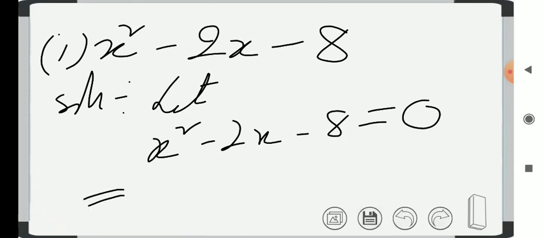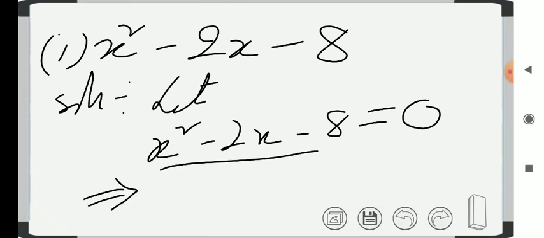So we are going to find the value of x here, but we can't easily find it. There are 3 terms, and we have already done this in class 9. We have to factorize, which means we have to put the expression in the form of factors, in the form of multiplication.